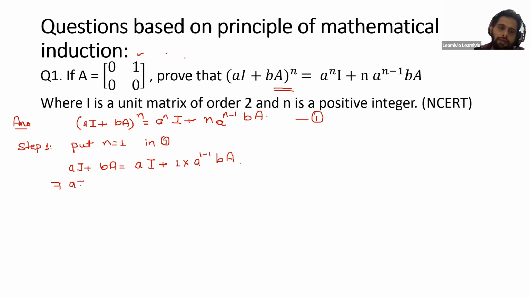So this will give you AI + BA = AI + BA. Okay, so can we say that LHS is equal to RHS in step 1? Everyone, Zephyr, Noma, Yashika, this is clear? Yes, sir. Okay. Step 1.